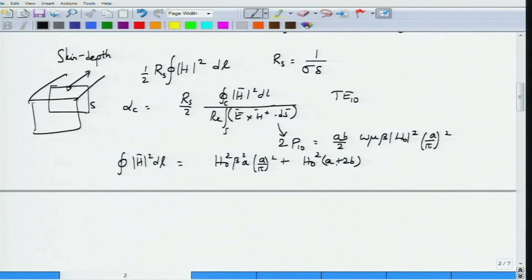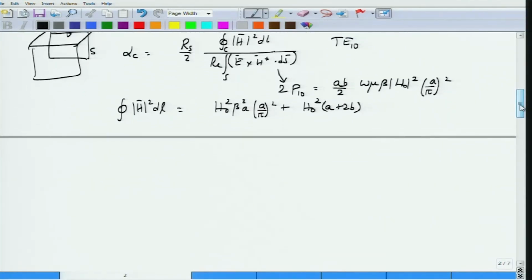So, there are 3 components here. One component comes from the x equal to 0 and x equal to A walls, where H will be just H0 squared. Then there are 2 surface currents sitting at the y equal to 0 and y equal to B walls, and those would contribute to the other 2 terms. And this is all after performing the calculation.